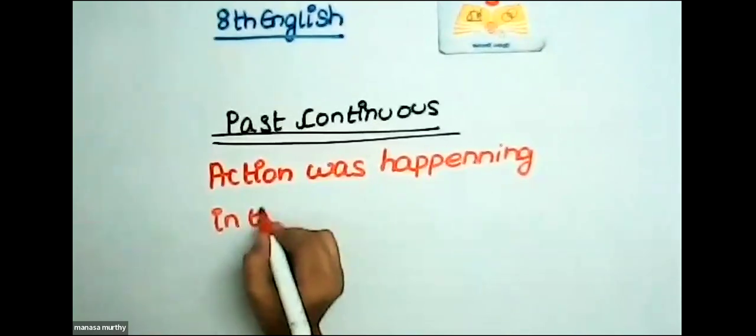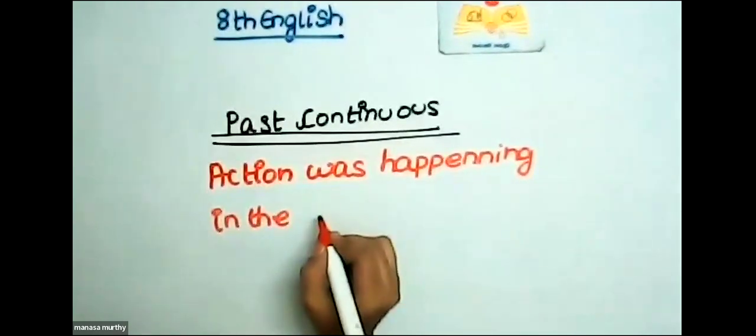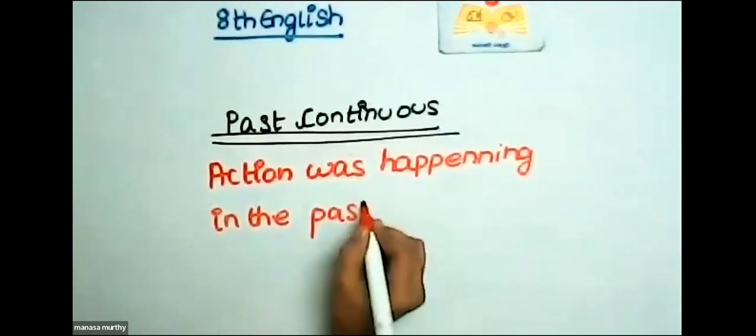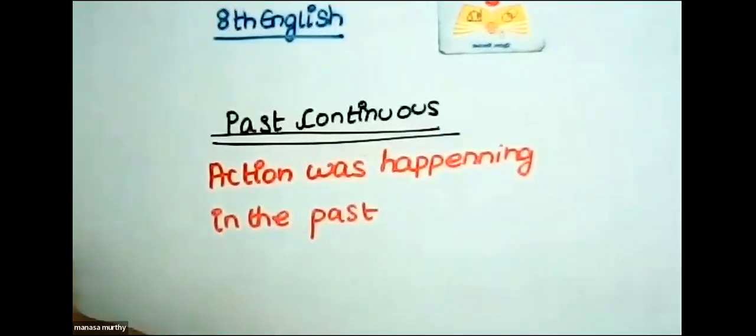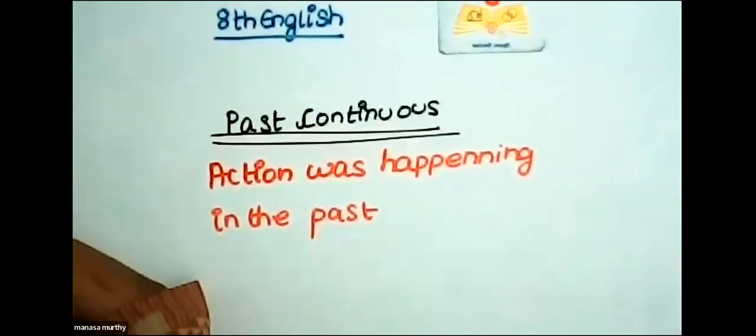We indicated past continuous tense. If an action is happening right now, it becomes present continuous tense. Okay, if an action is happening right now, we call it present continuous.